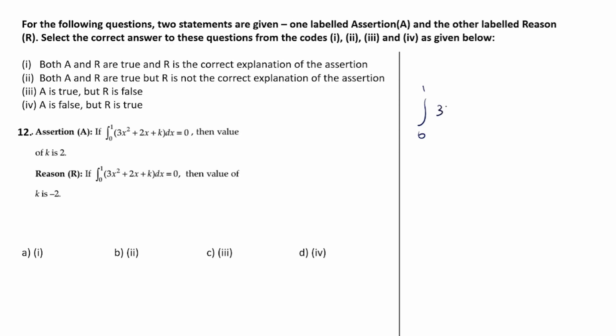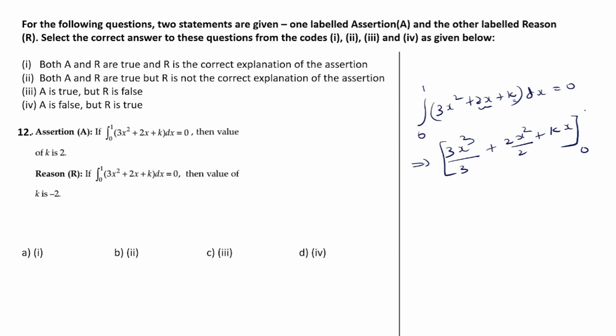Integral 0 to 1 3x square plus 2x plus k dx equal to 0 implies, let us integrate this. Integral 3x square is 3x cube by 3. Integral 2x is 2x square by 2 plus k, integral dx is kx, with the limits 0 to 1.